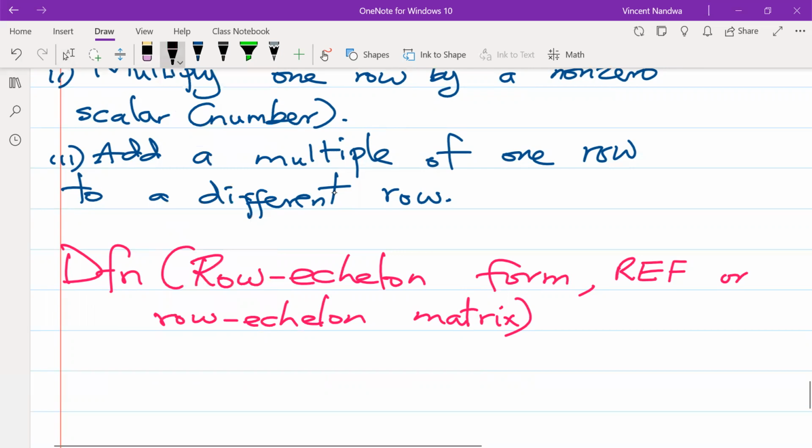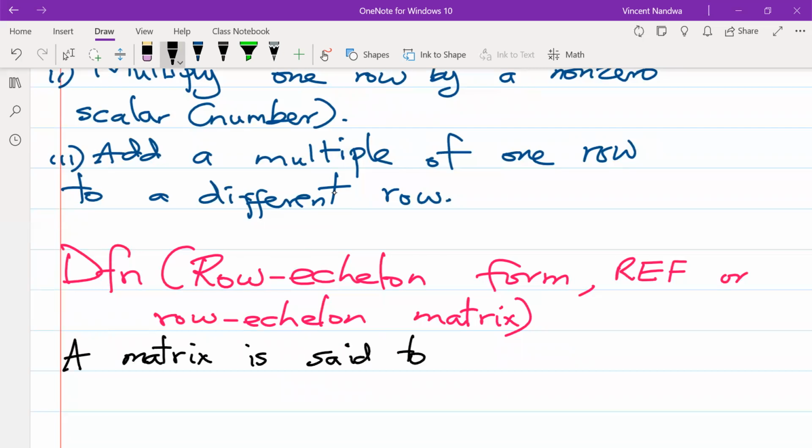So a matrix is said to be in row echelon form if it satisfies the following conditions.